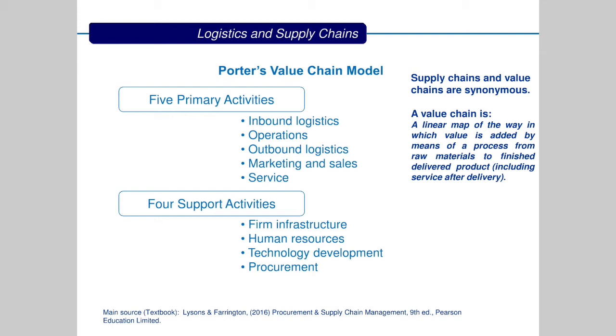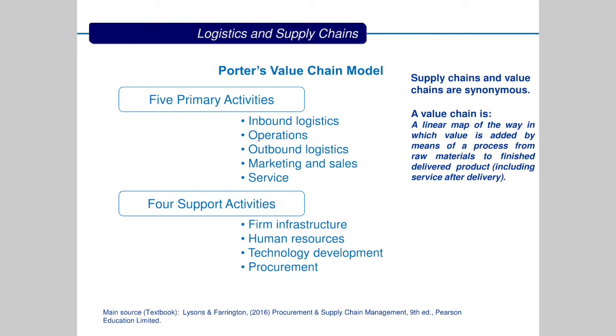So a value chain is a linear map. Linear map means you can put things in line, first, second, third, showing how things pass from one to another. So a value chain is a linear map of the way in which value is added by means of a process from raw materials to finished goods, including service after delivery.